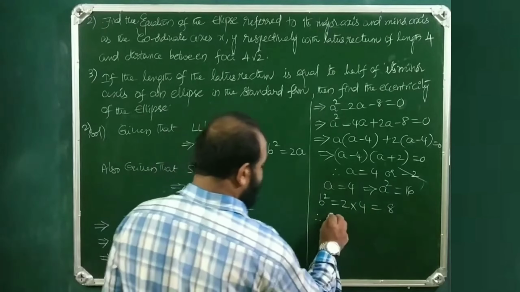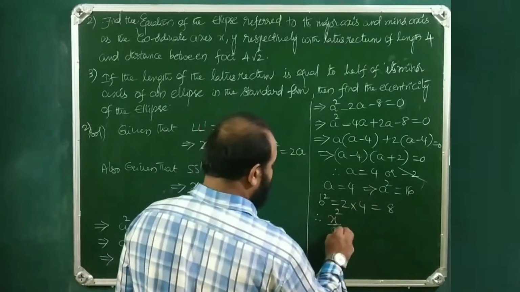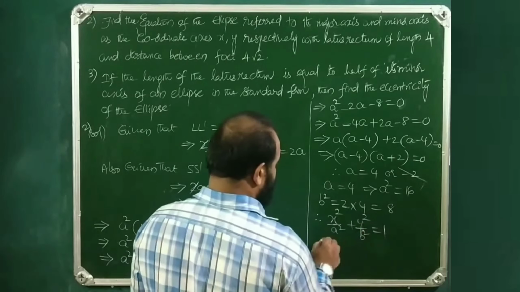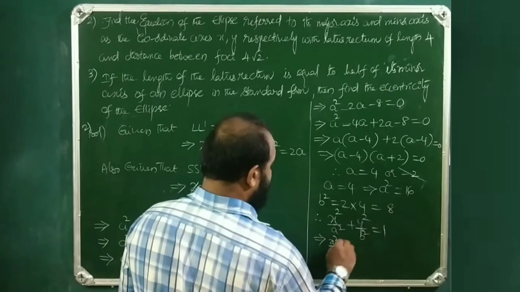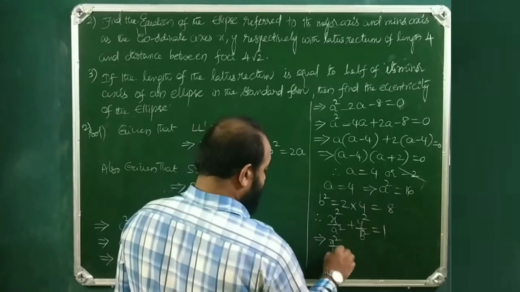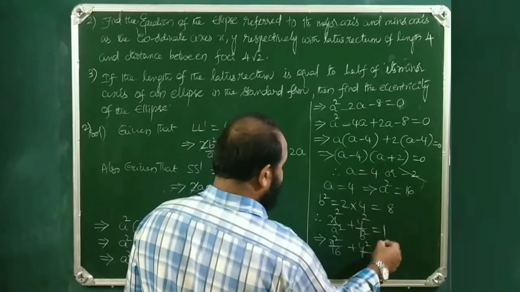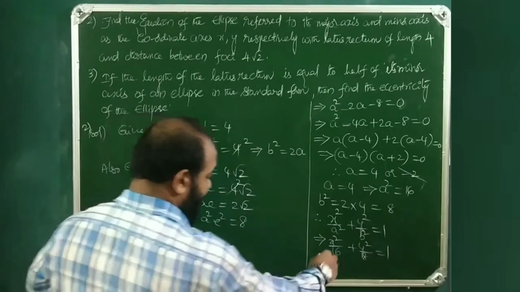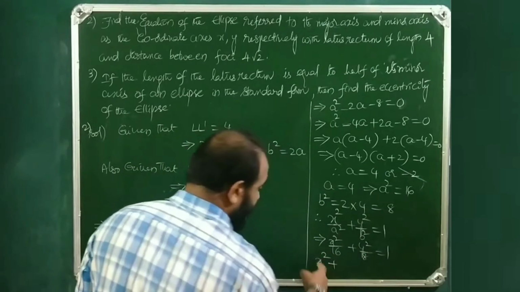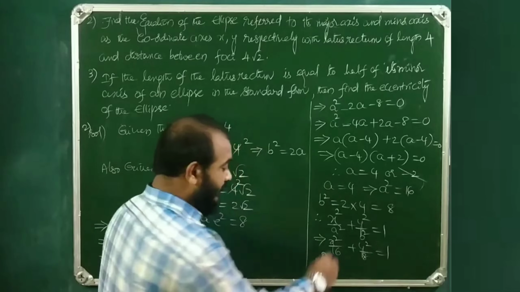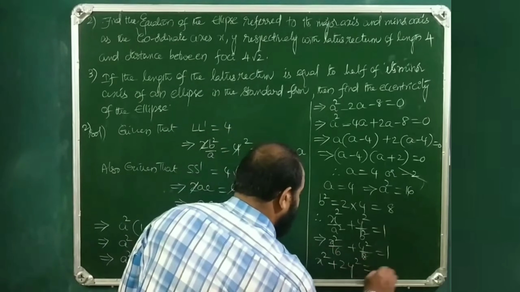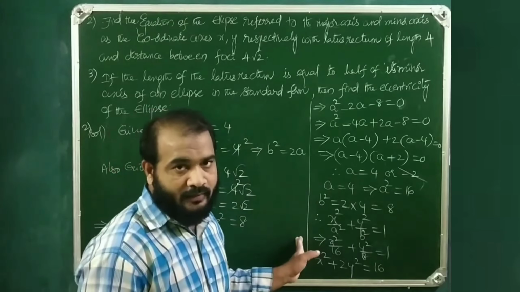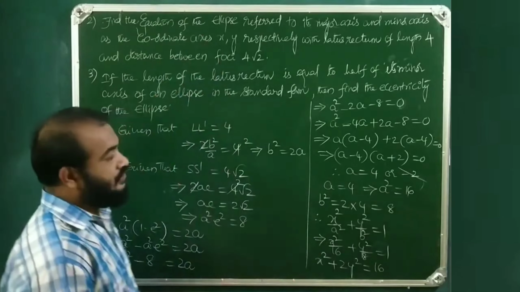Its standard equation is x square by a square plus y square by b square equals 1. So this is x square by 16 plus y square by 8 equals 1. Taking 16 as LCM, x square plus 2y square equals 16 is the required equation of the ellipse. So this is the first question.